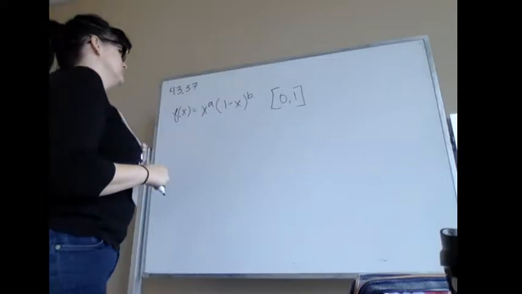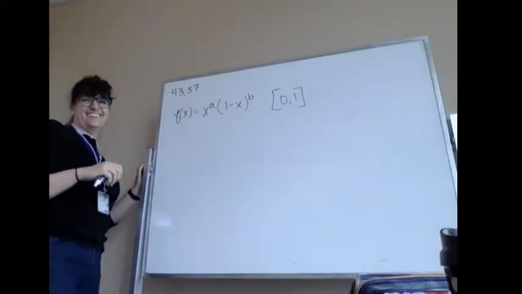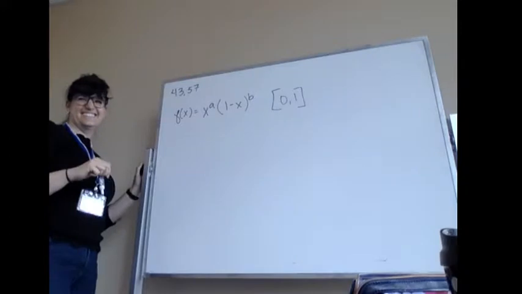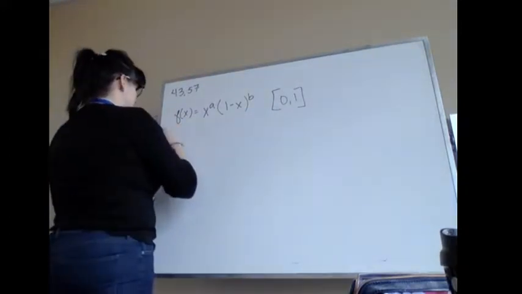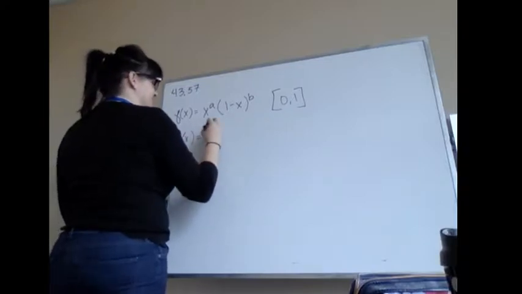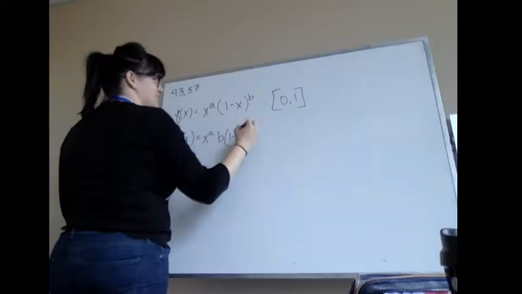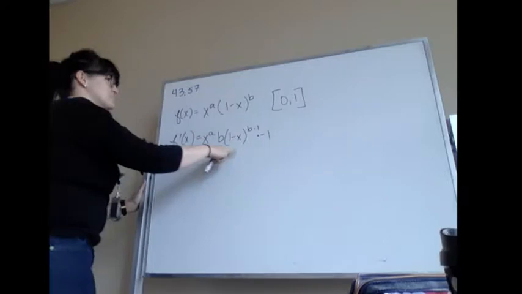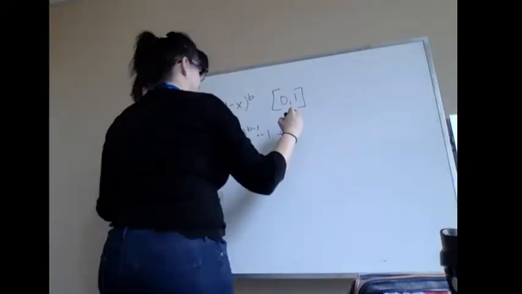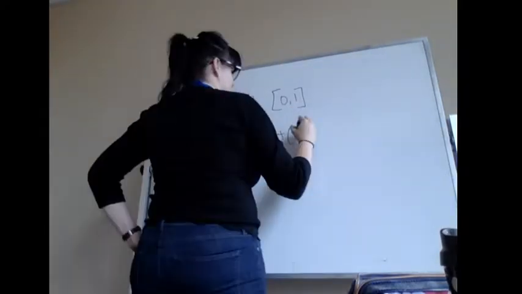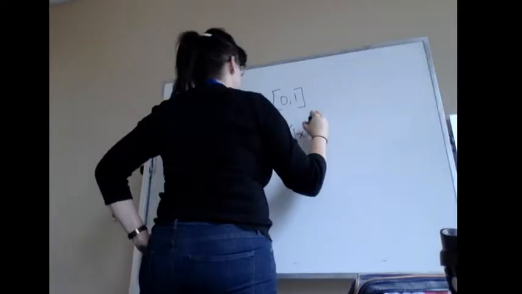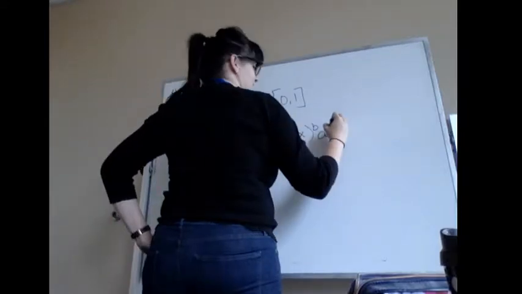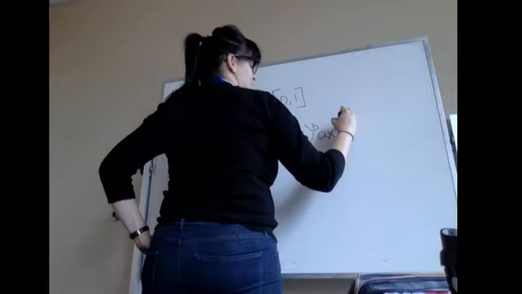I don't really want to. Okay, so f prime of x equals x to the a times b times 1 minus x to the b minus 1 times negative 1 for the chain rule, plus 1 minus x to the b times a times x to the a minus 1.